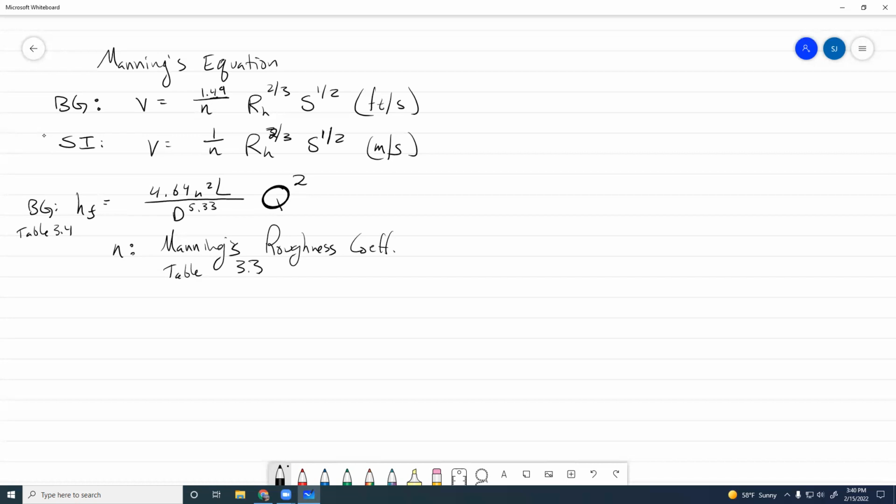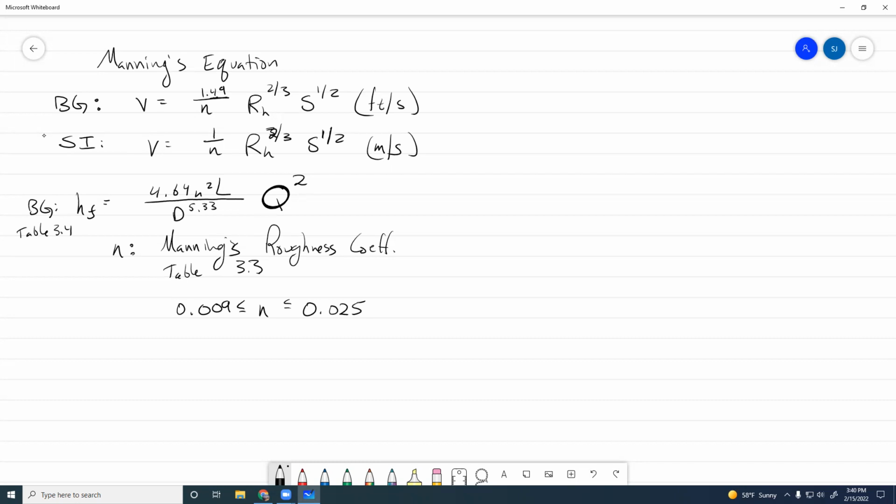which I think you have in your handouts. Let's take a look. Yep. So on the second page of your handouts, you can see some values for Manning's roughness. They give you some ranges. It looks like it ranges for pipes from 0.009 to 0.025, something like that, 0.03.